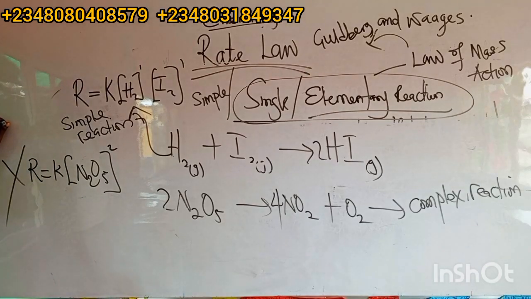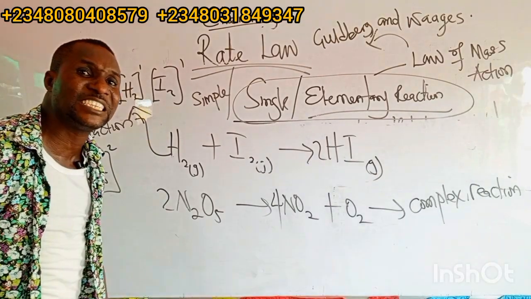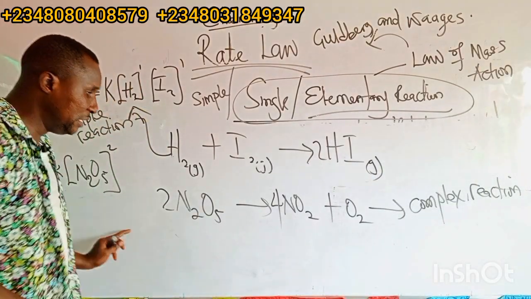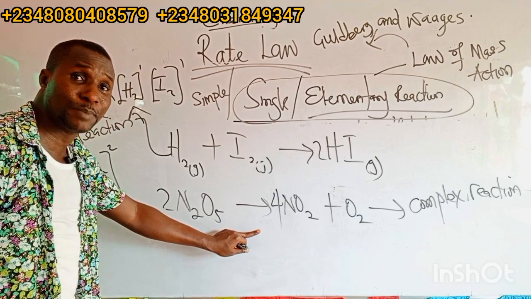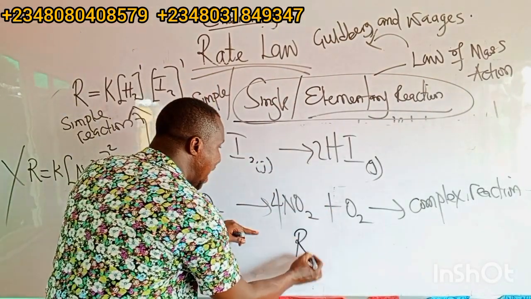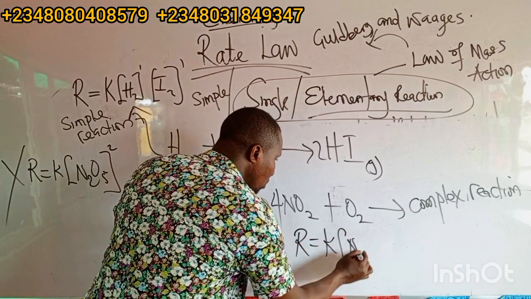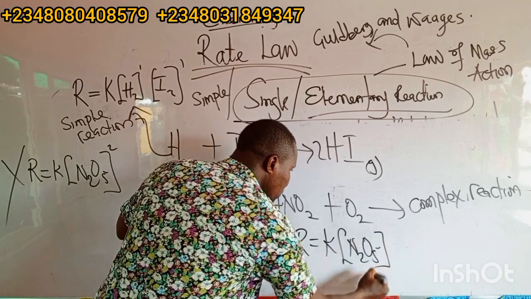For this one, it's a complex reaction. The rate law can be determined experimentally. Through experiment, it is found that the rate law is R equals K times the concentration of the reactant, which is this.